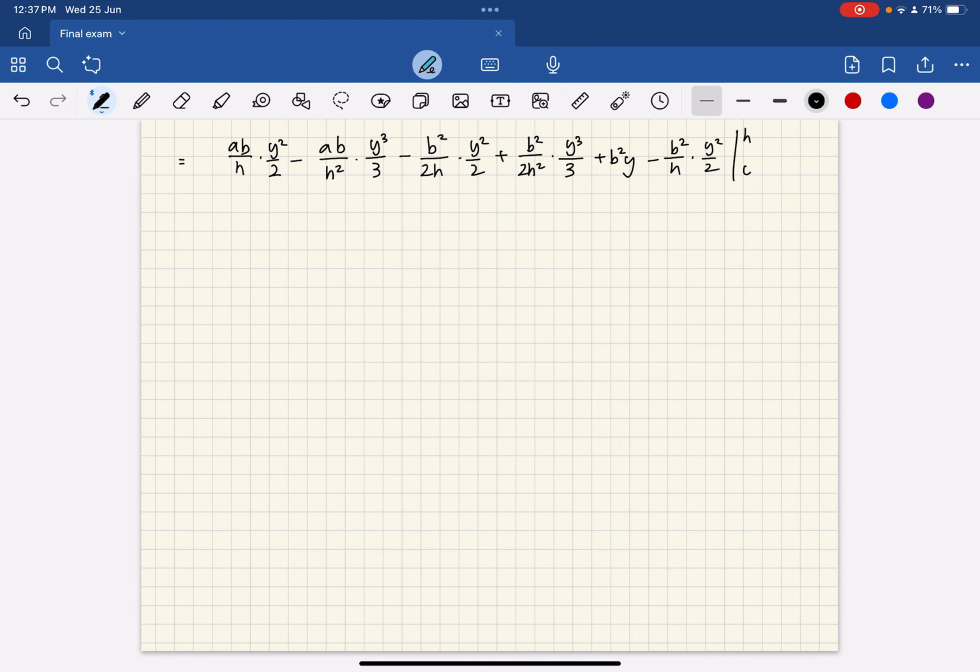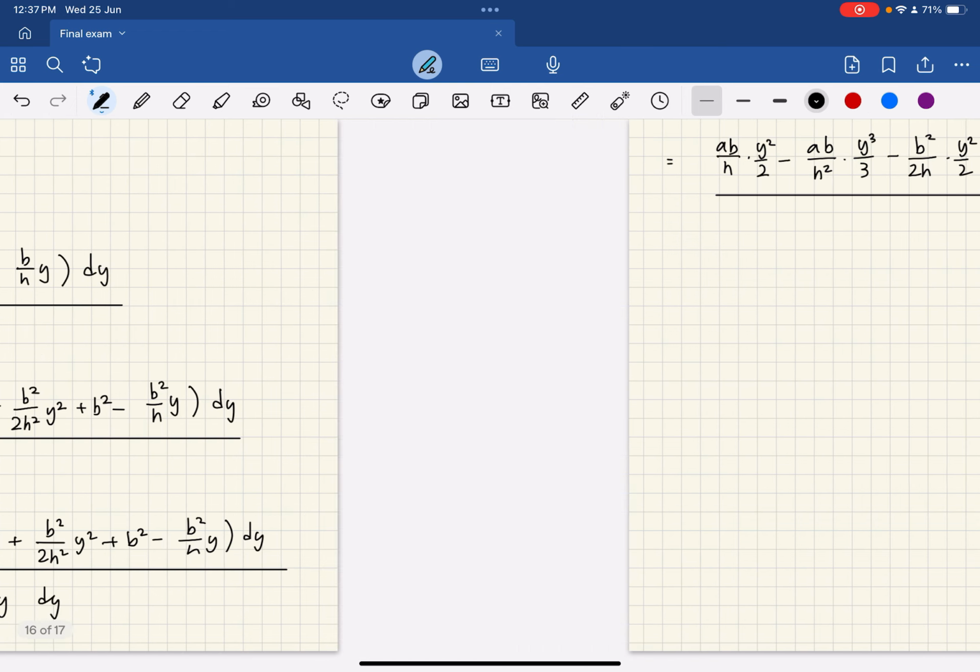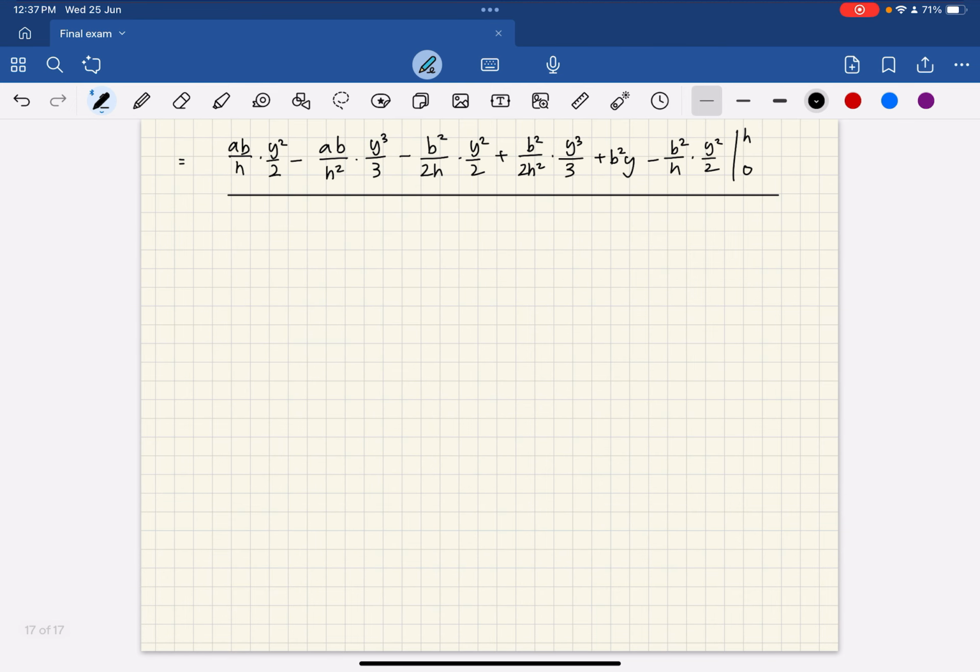Your limits are h and 0, but just when you plug in h, okay, and then you have here by minus b over h times y squared over 2. Again, h and 0. Just remember to only plug in h.